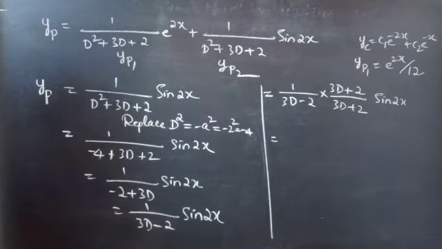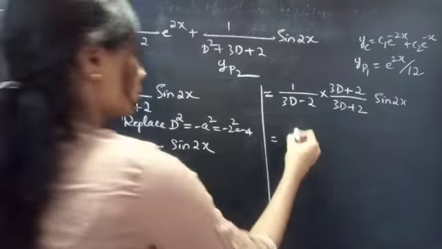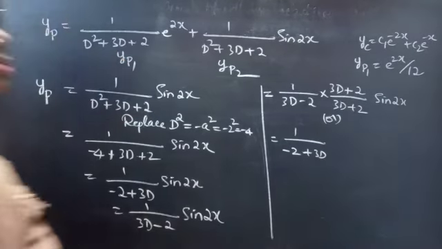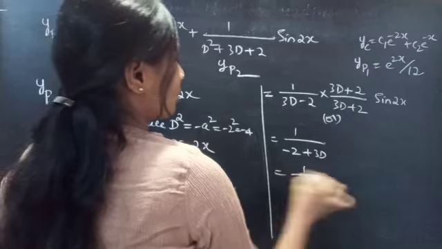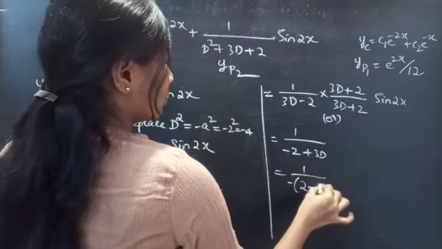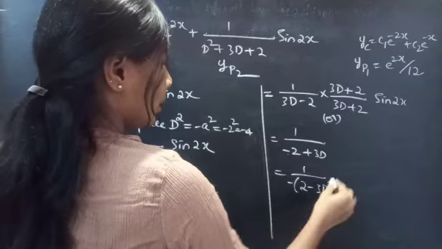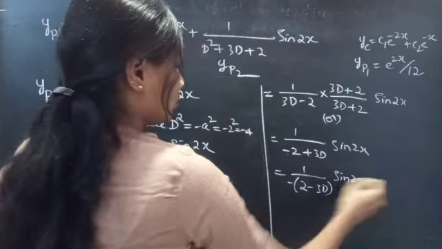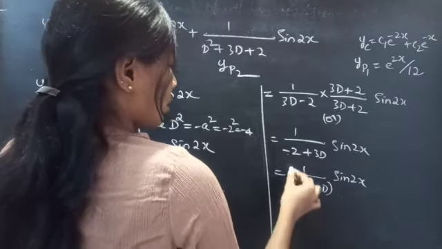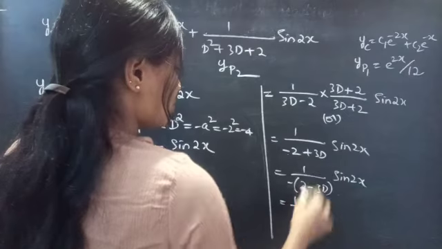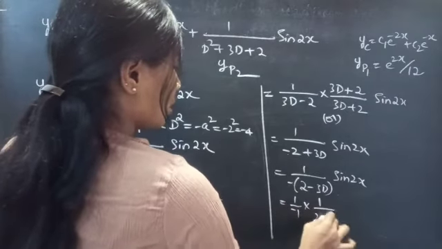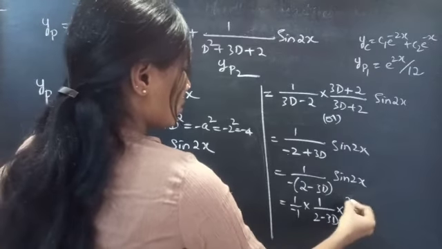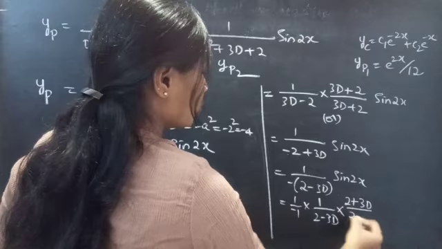Or, taking minus common, you'll get 2 minus 3D into sine 2x. Then you can write it as 1 by minus 1 into 1 by 2 minus 3D. Since you have 2 minus 3D, let's multiply and divide by 2 plus 3D.